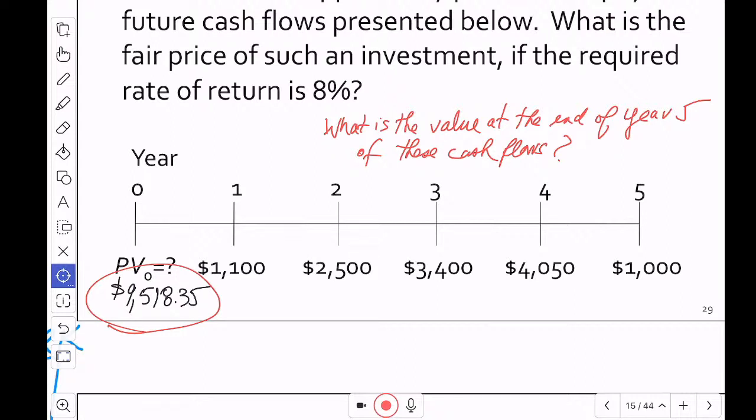Of what whole thing? Of each of these amounts, one? So what we did so far was we discounted this one twice, this one 3 times.